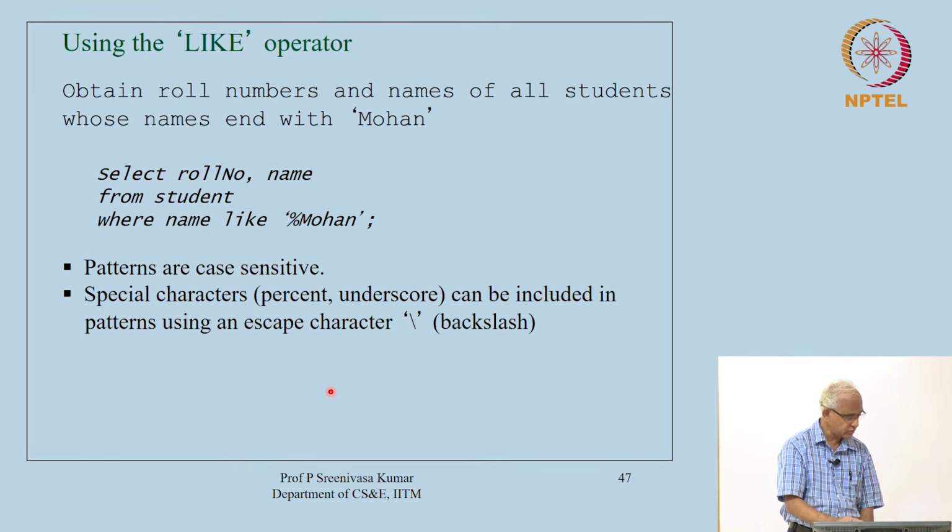These patterns are of course case sensitive, and these special characters, percent and underscore, sometimes if you want to use them, then you need an escape character. So, backslash is the escape character for using them within the patterns itself. Okay, so that is the like operator.